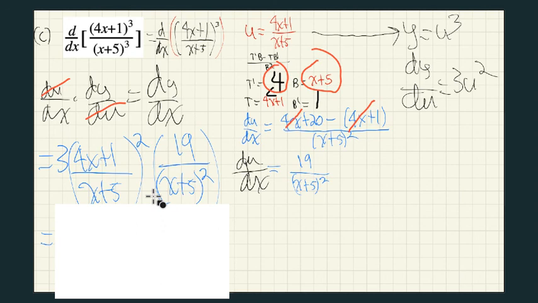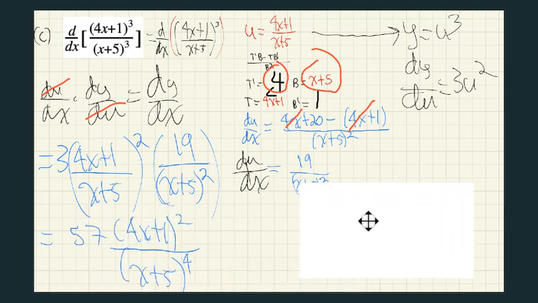Now, on your mastery test, if you just wrote this, you got full marks because I wasn't asking for full simplification. If you want to simplify it more though, you can. You take the 3 and multiply by the 19, which gives you 57. Then you have (4x plus 1) squared on the top.